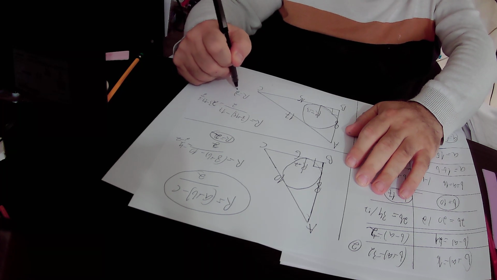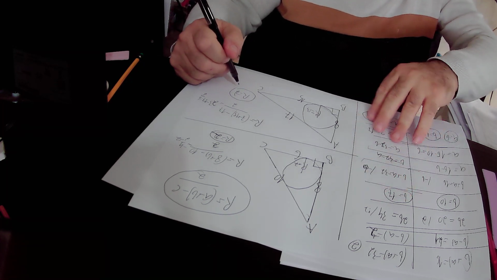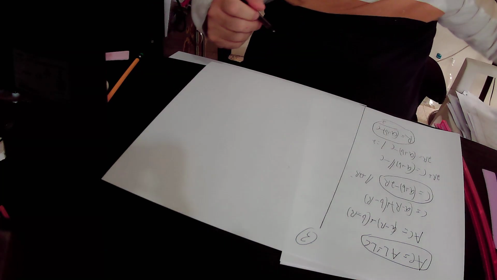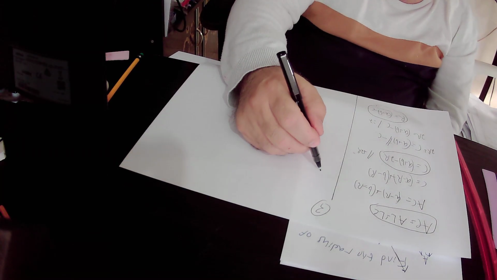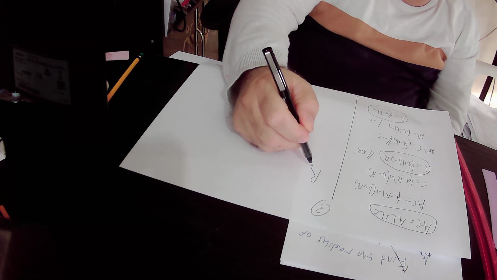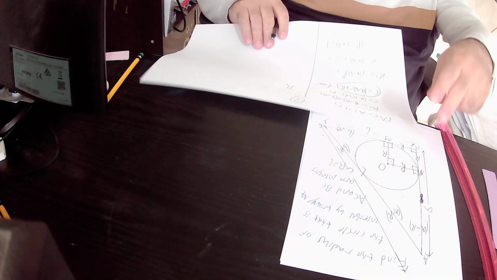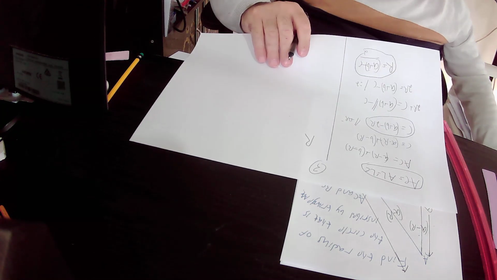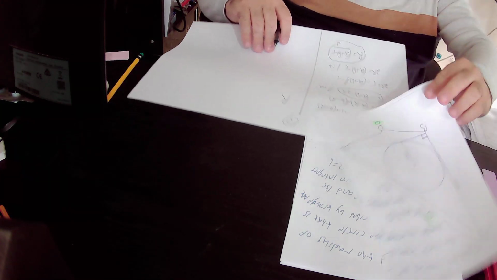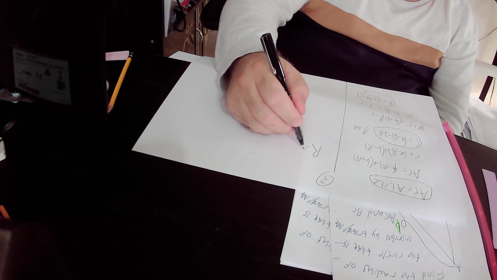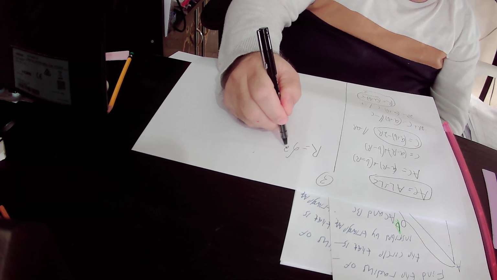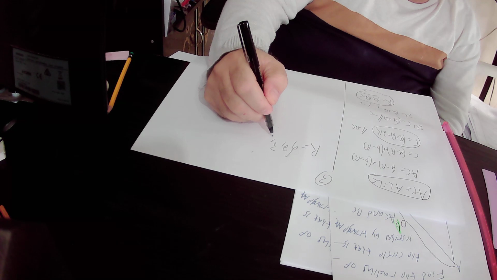So we have two solutions to this question. The radius of the circle inscribed by this specific right triangle ABC could be equal to either 2 units or 3 units.